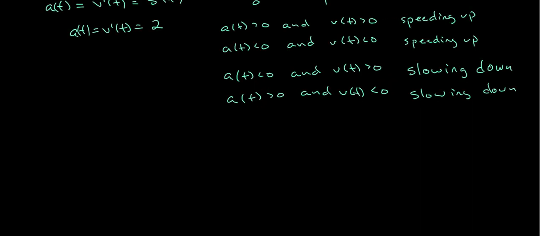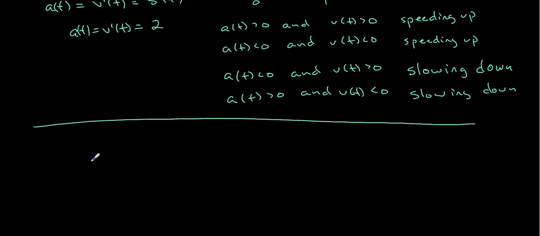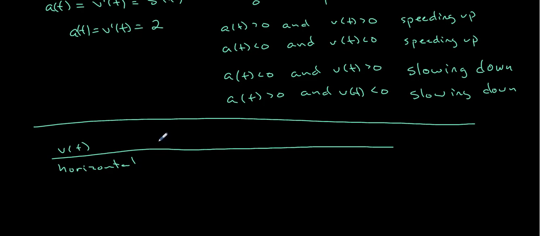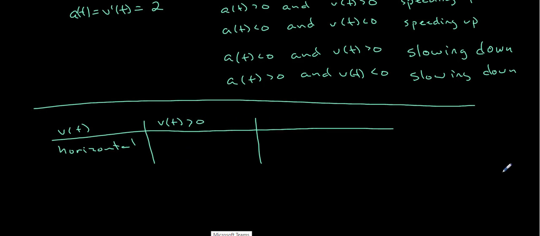Oh, let's make a cool chart. Let's make this a velocity chart. All right. Let's talk about horizontal motion. And we'll go v of t greater than 0. Horizontally, if v of t is greater than 0, what do we got? What's happening? Just velocity. We're just talking about velocity greater than 0.